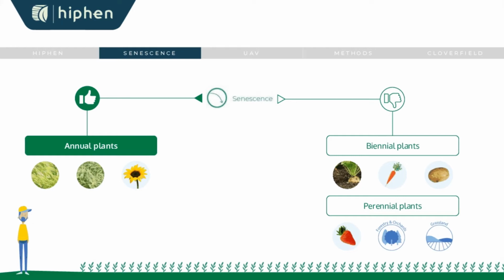The phenomenon of this type of senescence in biennial plants, such as sugar beet, carrots, potatoes, or perennial plants, such as grapes, etc., is a completely different dynamic. Senescence is really interesting for us in the sense that it's where you're having grain filling. It can be on wheat, sorghum, corn, or sunflower, which we will speak about as a use case today. But really, all my talk will be focused on annual types of plants.